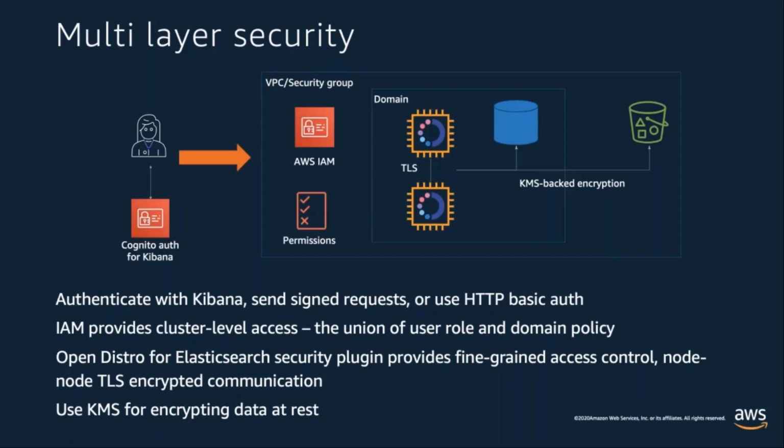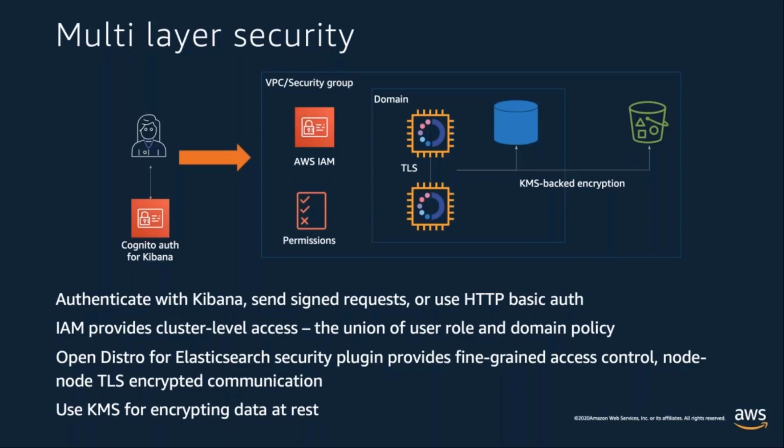Once traffic gets into the domain, we have our fine-grained access control provided by our Open Distro for Elasticsearch security plugin. You can set up based on the Cognito role, or you can use basic HTTP auth, username, password auth.